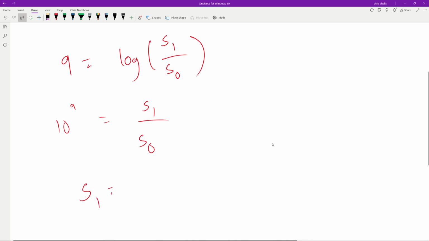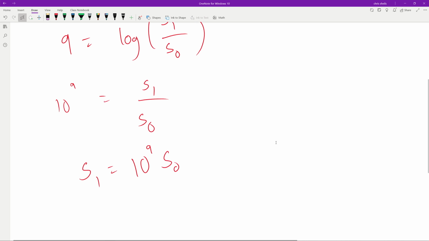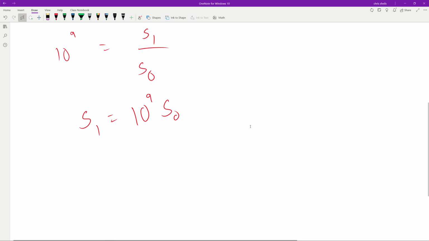Multiplying both sides by S naught, I get S sub 1 is equal to 10 to the 9th times S naught. This means that the first earthquake has 10 to the 9th times more earth movement than the baseline measurement.